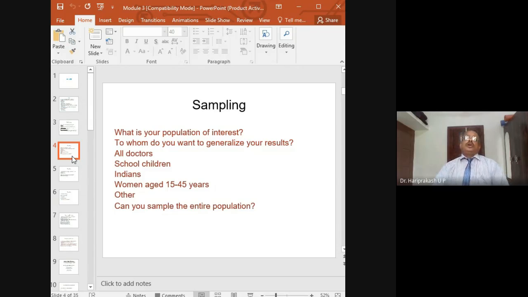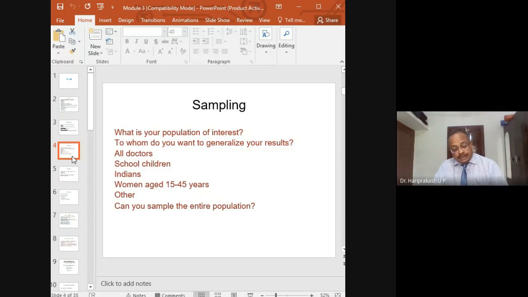Suppose you want to do a study on employee satisfaction in the area of HR. Which particular industry, which particular companies' employees are you interested in finding the satisfaction of, and to whom do you want to generalize the findings of this research? That particular company's employees become your population.